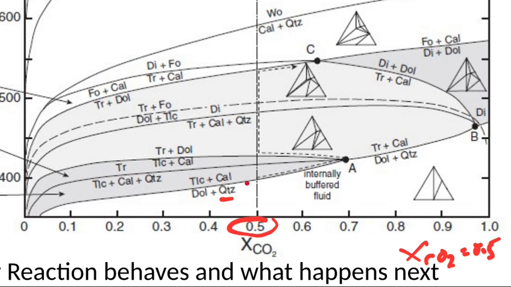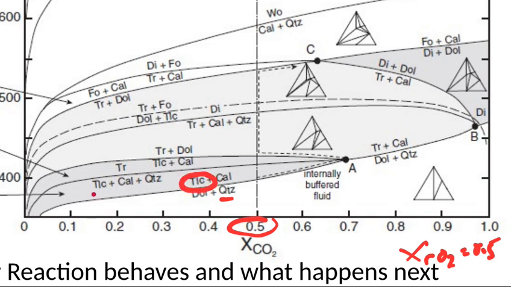After that, it will depend on whether it is a buffered system or a closed system, or an open system. If it is an open system, then the second reaction, what will happen?